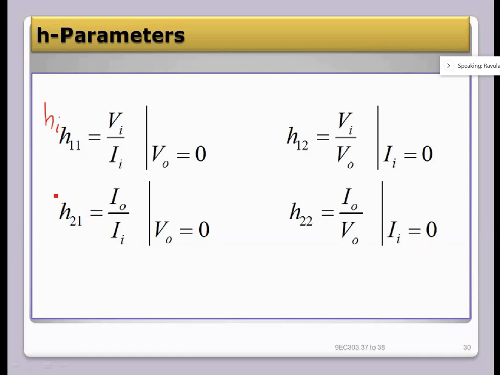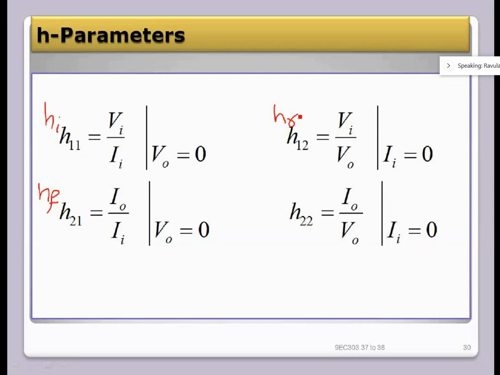I can write this as the forward current gain, Hf. And similarly, H12 is Vi by V0. Actually, output by input is the gain, and input by output is the reverse gain. So here H12 can be represented as Hr.